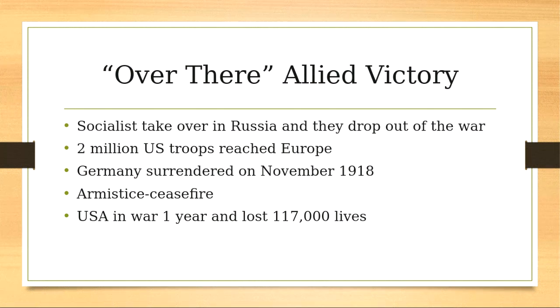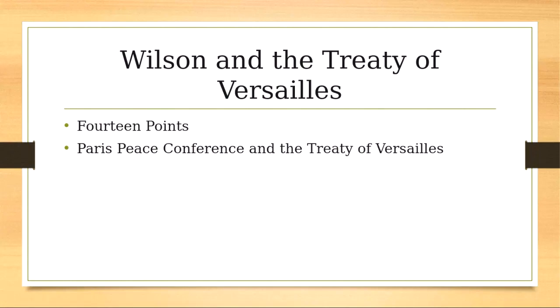Okay, 117,000 Americans are going to die in this war too. Wilson, by the time he comes out of this war, he's like, look, we need to have a world organization, okay?